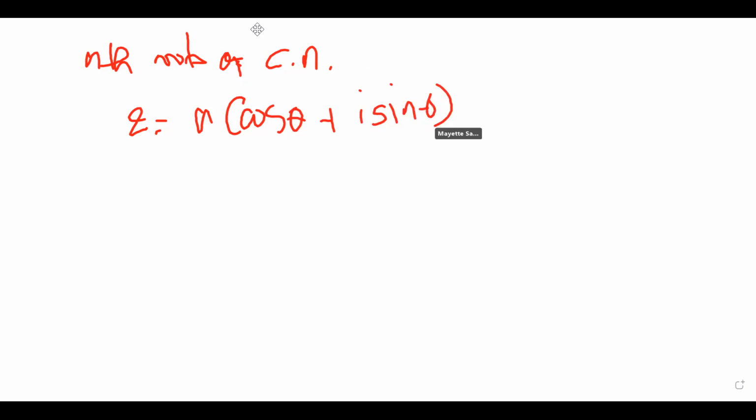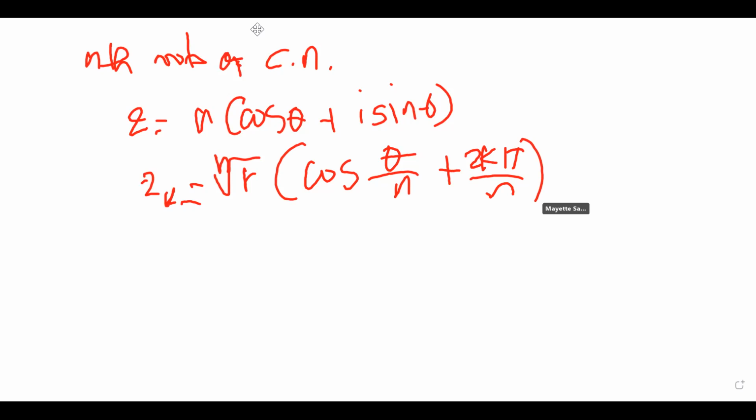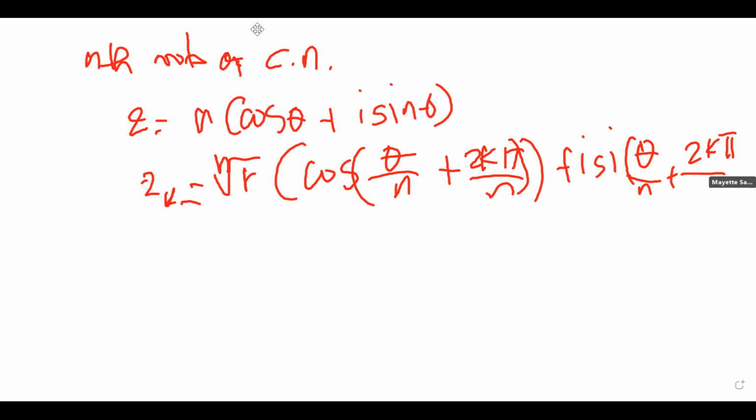So the nth roots of a complex number z equal to r cosine theta plus i sine theta would be z sub k, meaning the root, which can be represented as the nth root of r, times cosine of theta over n plus 2k pi over n, plus i sine of theta over n plus 2k pi over n.